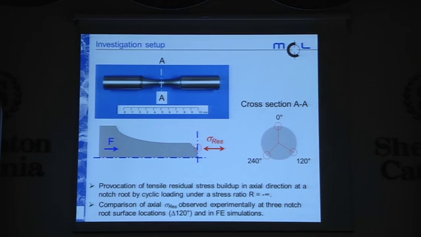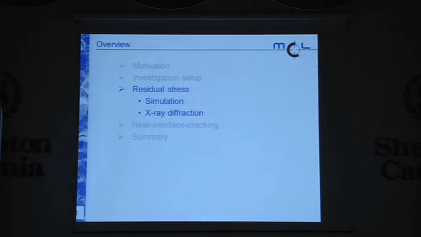So we provoked local plastification in the notch root, watched the residual stress evolution before and after loading in specimen to avoid influence of specimen buckling. And then we compared, and we also looked for damage to learn.